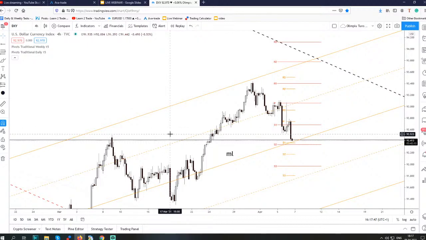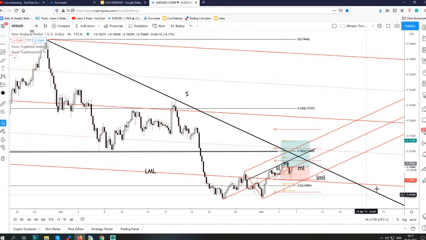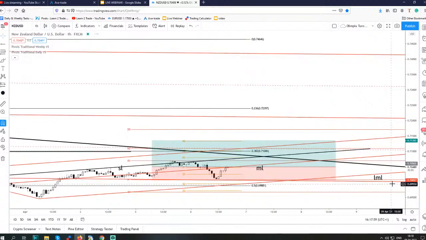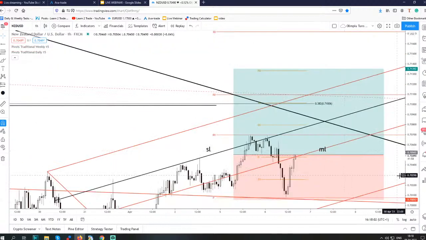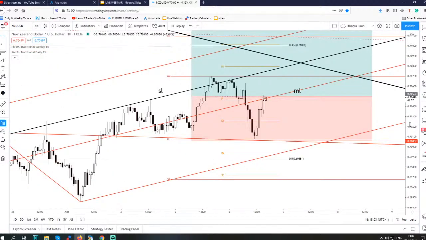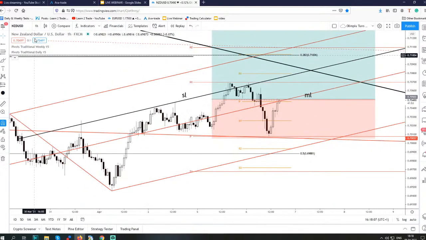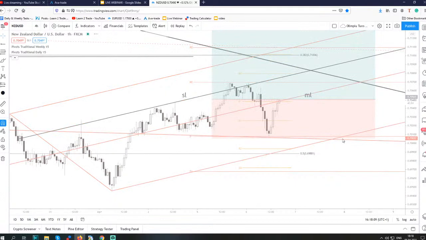Yes, personally, yes, you should keep the New Zealand dollar versus the US dollar open. As long as the price, also after this false breakout here on the 4-hour chart, let's take a look again.